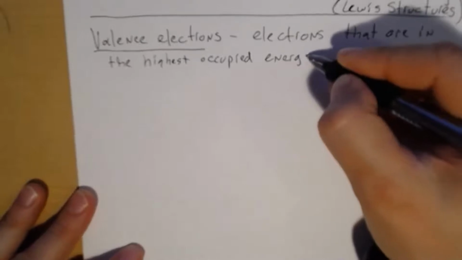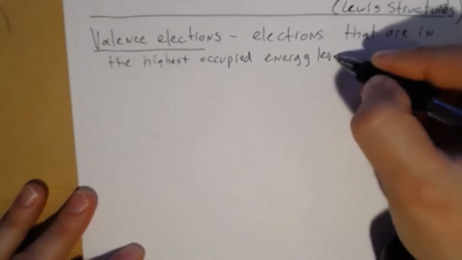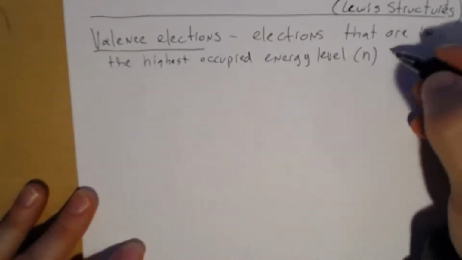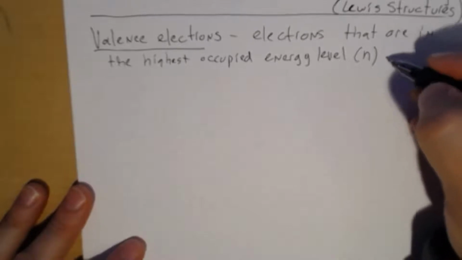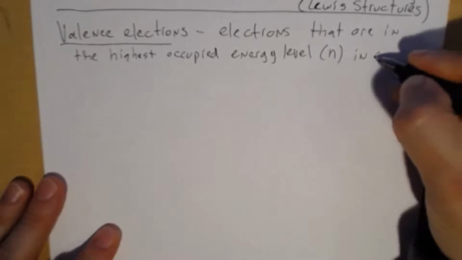And when I'm talking about energy level, not to be confused with the sub-level, I'm specifically talking about the total highest n value, or principal quantum number, energy level. And this is what's found in the ground state.